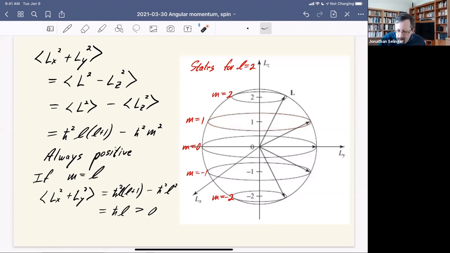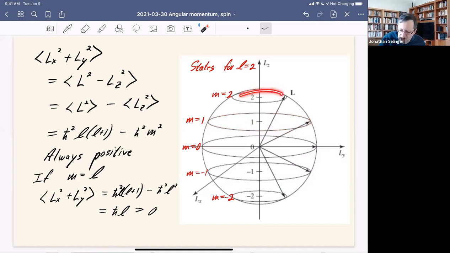I should emphasize, I'm just talking about points on the circle, not the interior, just the edge of the circle. These are all possible values of Lx and Ly that go along with Lz equals h bar and L squared equals h bar squared times 2 times 3, so 6 h bar squared.